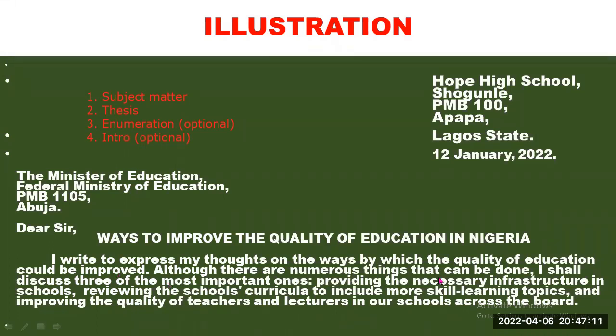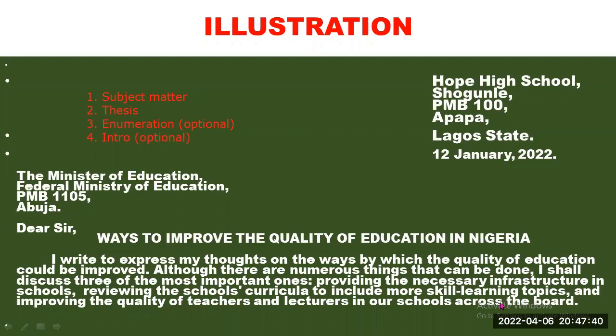Although there are numerous things that can be done, I shall discuss three of the most important ones: providing the necessary infrastructure in schools, reviewing the school's curricula to include more skill learning topics, and improving the quality of teachers and lecturers in our schools across the board. You have decided to combine your thesis with enumeration.